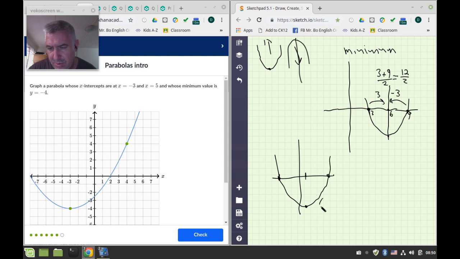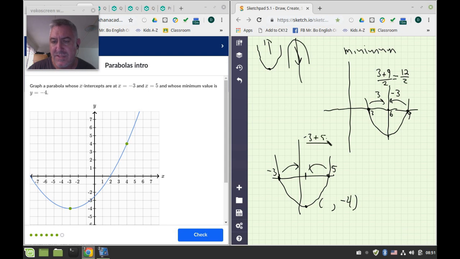So I know that this is at negative 4, but I don't know the x value. How do I find the x value? We're going to find that average again. So this is negative 3, and this is 5. So we're going to find the average.